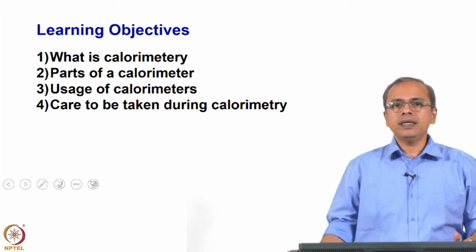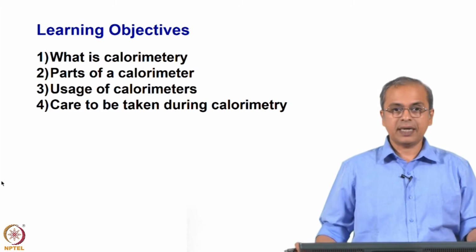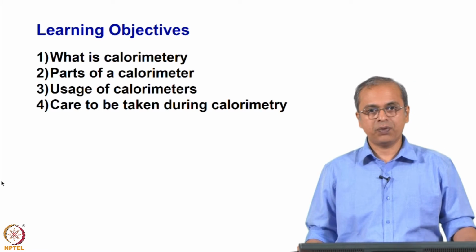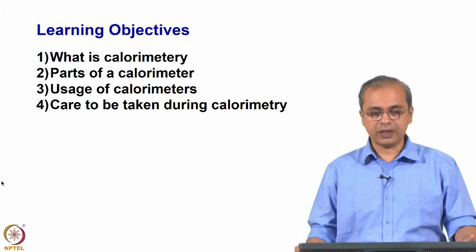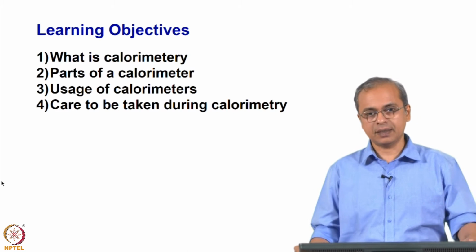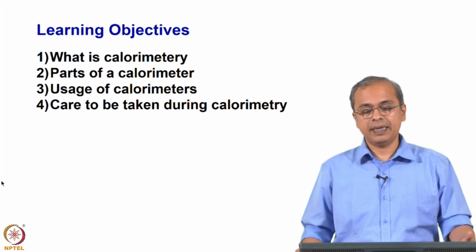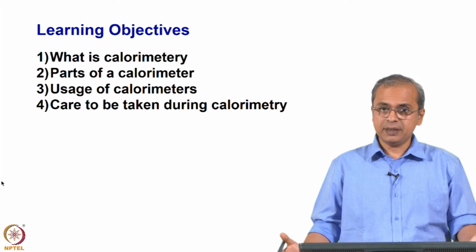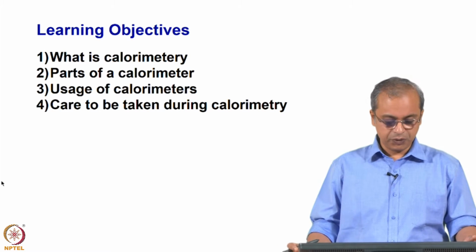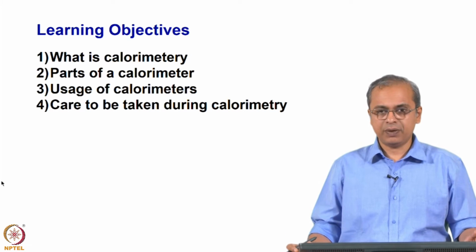So, our learning objectives for this particular class: what is calorimetry. We will look briefly at what all the things are that come together, what the parts of the calorimeter are, what the critical parts are and what exactly they do, how we are using calorimeters, and any kind of care that needs to be taken during calorimetry.